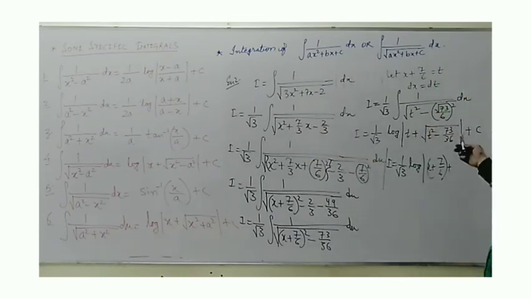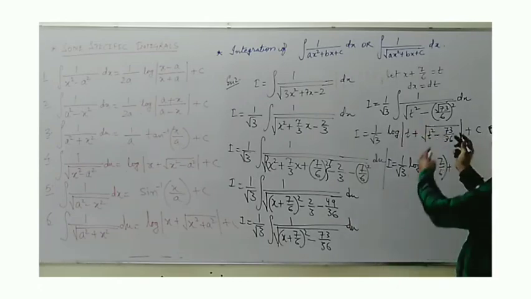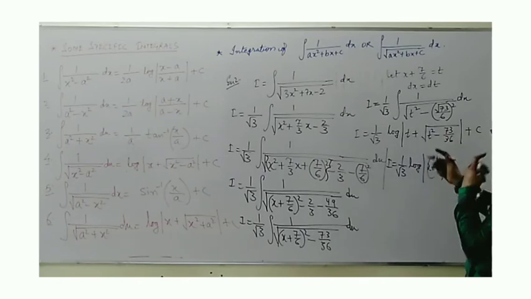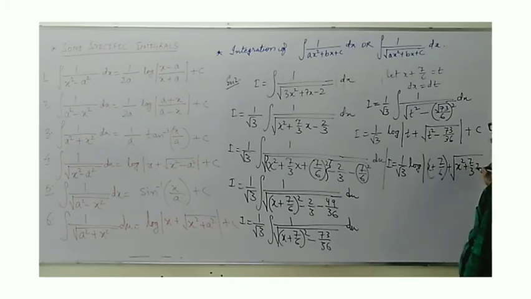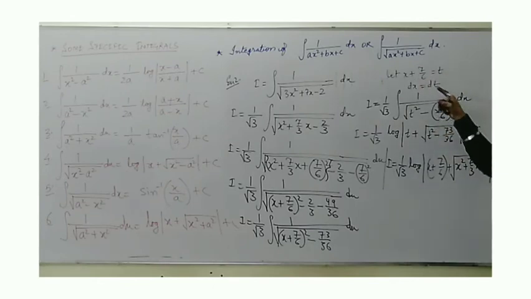We can directly substitute by the same, because when we expand the value of t, we will get the same root x square plus 7 upon 3 x minus 2 by 3 plus c. Or otherwise, if you are not comfortable with directly putting the value, you can substitute t by x plus 7 by 6. Solving, you will get the same.